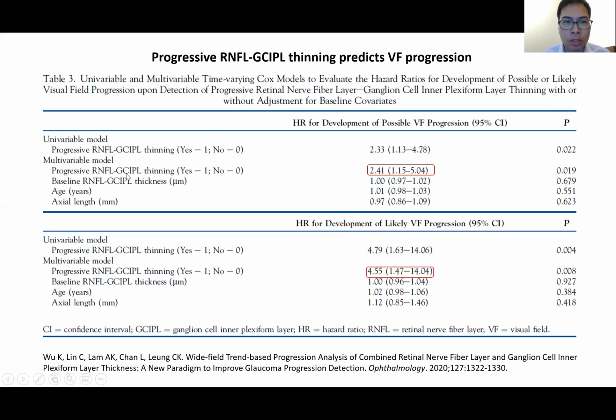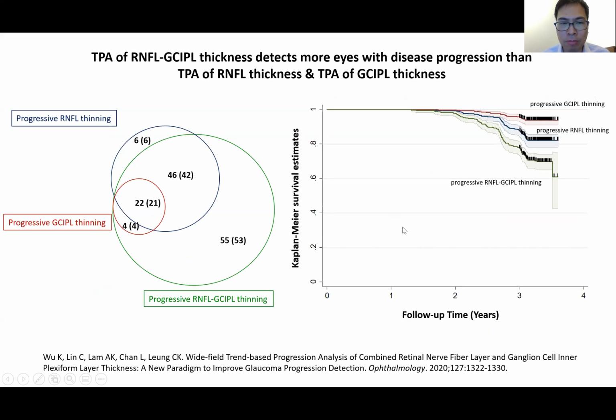When we see loss of the RNFL GCIPL layer, when we see progressive change in this layer, these eyes actually carry a more than twofold increase in risk of development of possible visual field progression. Here we use the GPA, or guided progression analysis, to measure visual field progression. And here the bottom panel shows when we have eyes demonstrating progressive RNFL GCIPL thinning, these eyes carry a more than fourfold increase in risk of development of likely visual field progression.